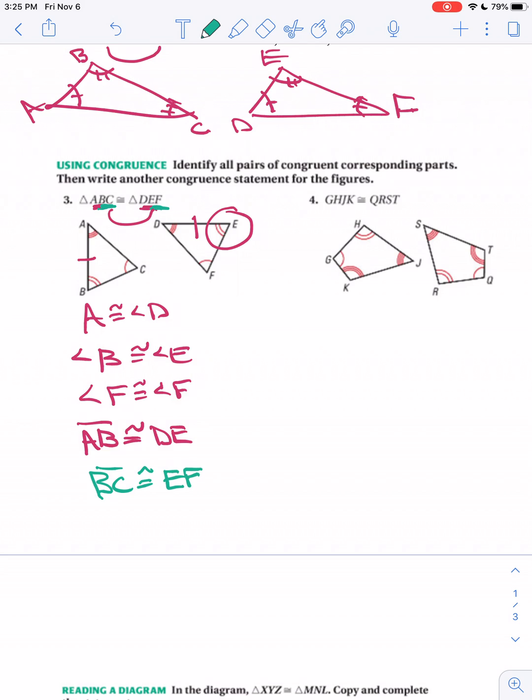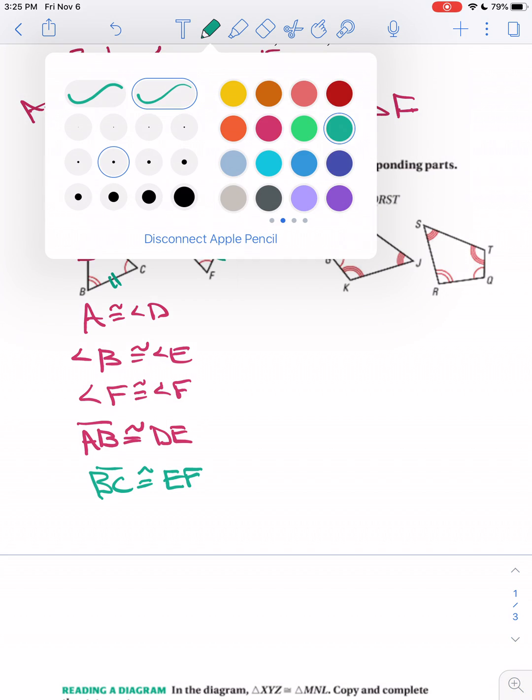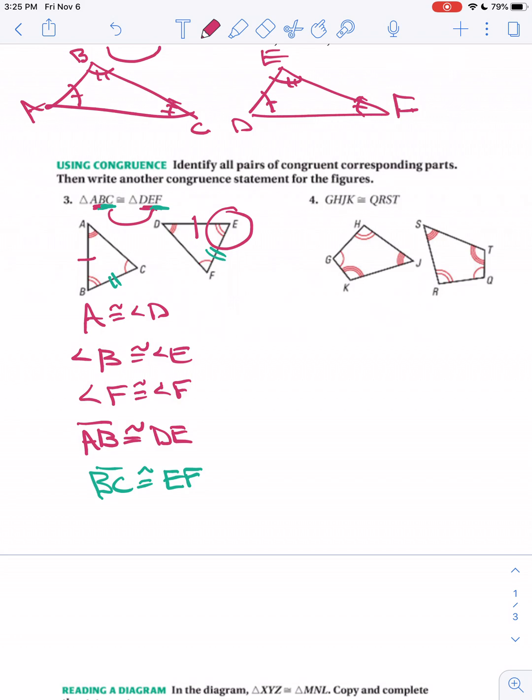And let's go ahead and mark that. BC is congruent to EF. And then finally, we have side AC, and that's going to be here, is congruent to side DF. And that's here.